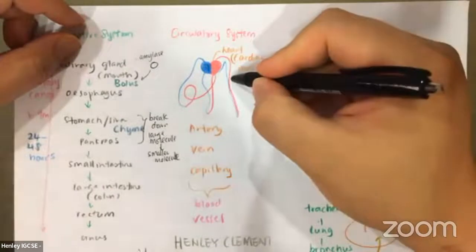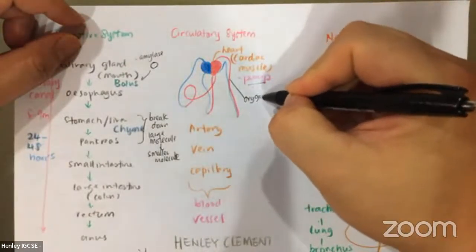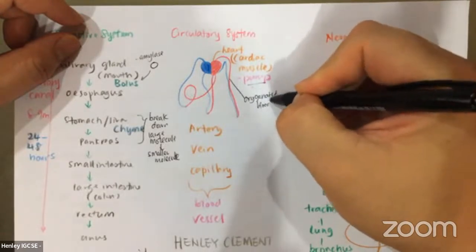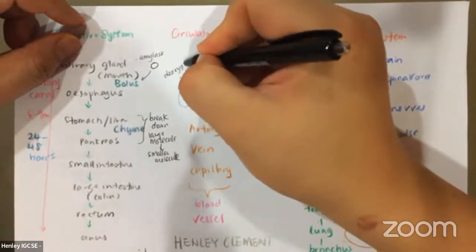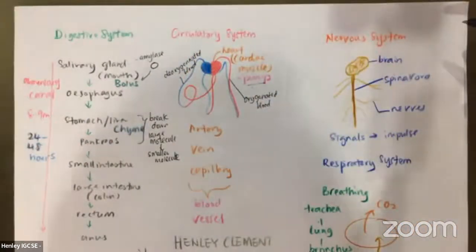The red color is called oxygenated blood, and this one is deoxygenated blood.